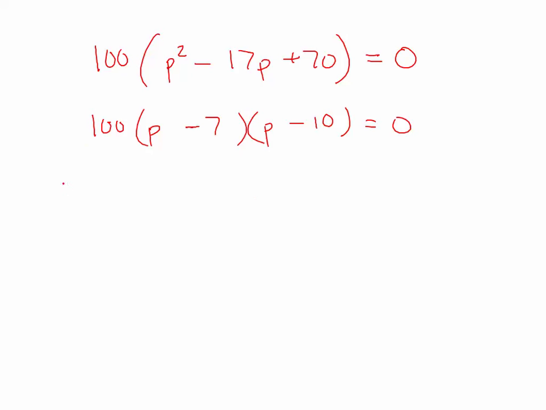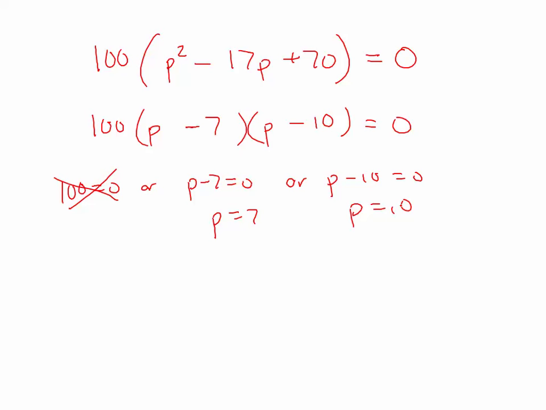The long way says 100 is equal to 0, or p minus 7 is equal to 0, or p minus 10 is equal to 0. And then this one we just say that's not possible, 100 can't equal 0. This one is going to be p is equal to 7. This is p is equal to 10. And the question is, do both of those numbers make sense?